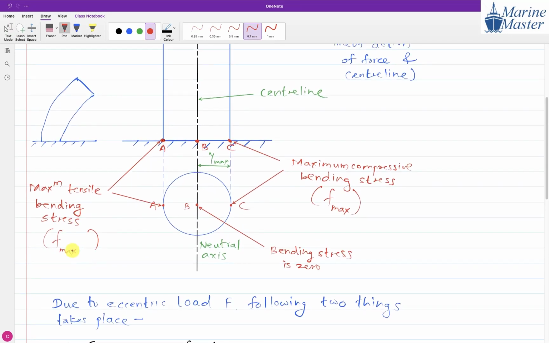F max comma T, we will say simply F max for this case. And this F max comma C will be equal to F max, because both are the same here.